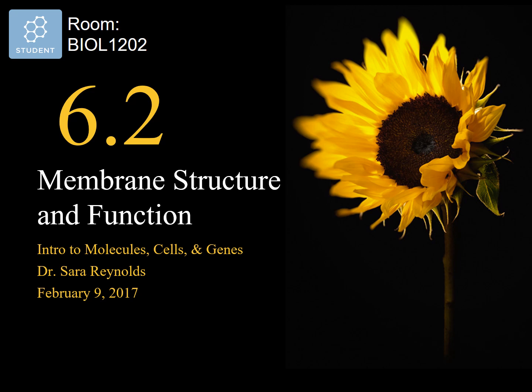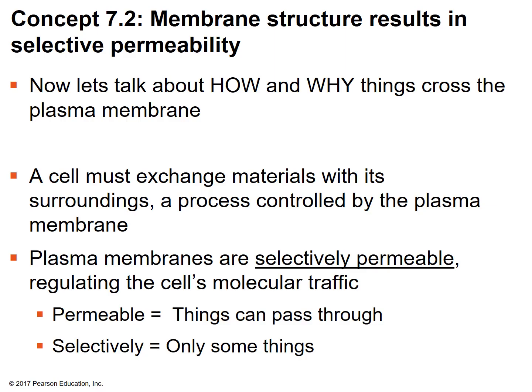Let's begin our second lecture on membrane structure and function. In concept 7.2, we're going to talk about membrane structures that result in selective permeability. By now you should have some idea of the fact that this membrane is a fluid and complex environment and that the proteins embedded into that membrane are important for performing functions.